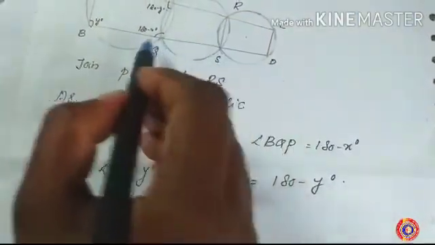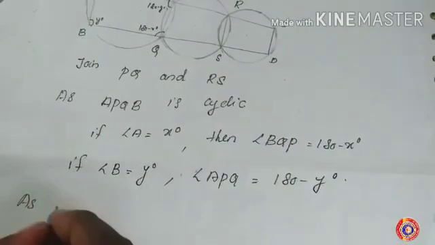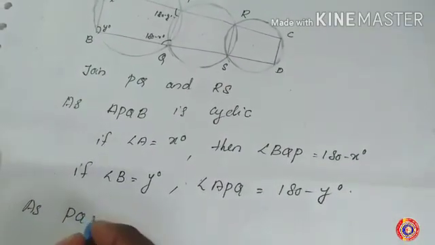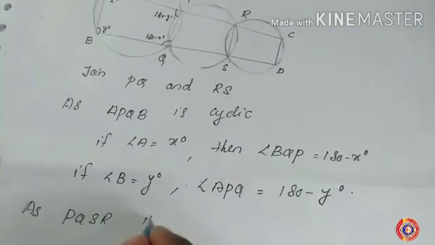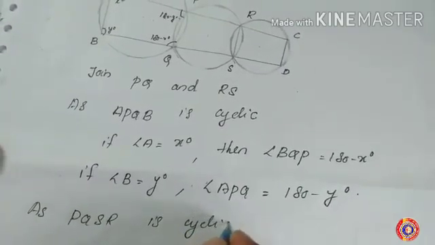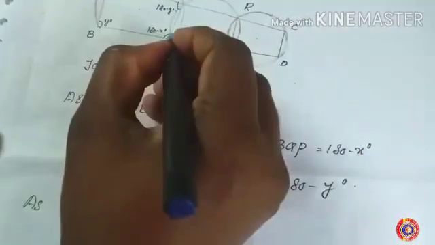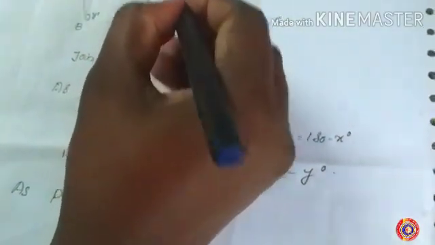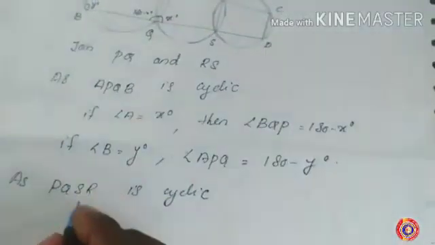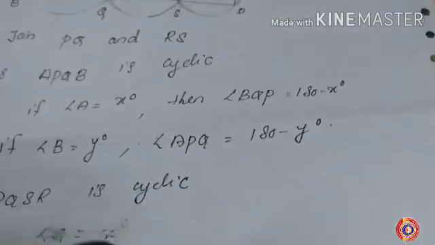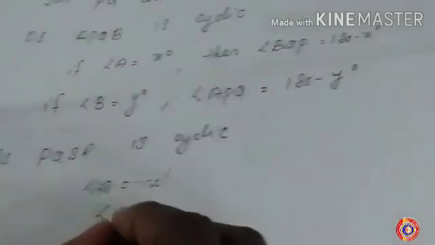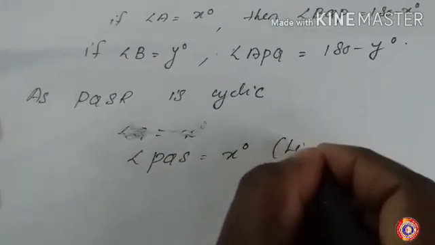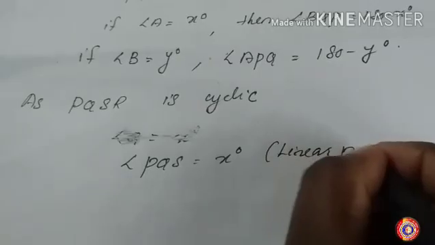Next, consider the next cyclic quadrilateral, PQSR, which is cyclic. Then angle PQS equals x degree, angle QPR equals y degree. Angle PQS equals x degree because it forms a linear pair.